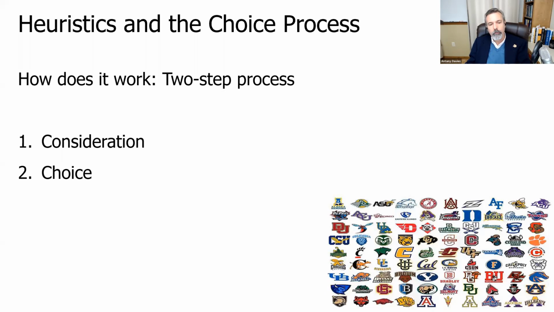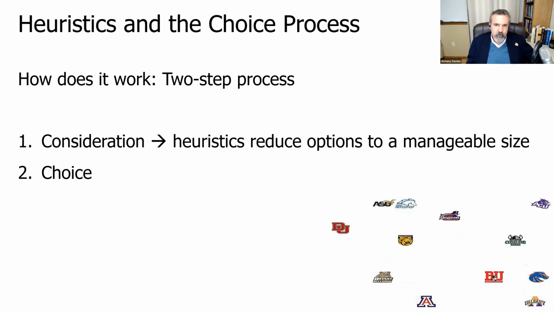So here we have a whole bunch of colleges. So picture you're a senior in high school, you're thinking about what college you should go to, and there's literally thousands of options in front of you. In the consideration step, what we're going to do is knock that down to some manageable size, and we'll use heuristics to do it. And if you think back to when you chose a college, you did this.